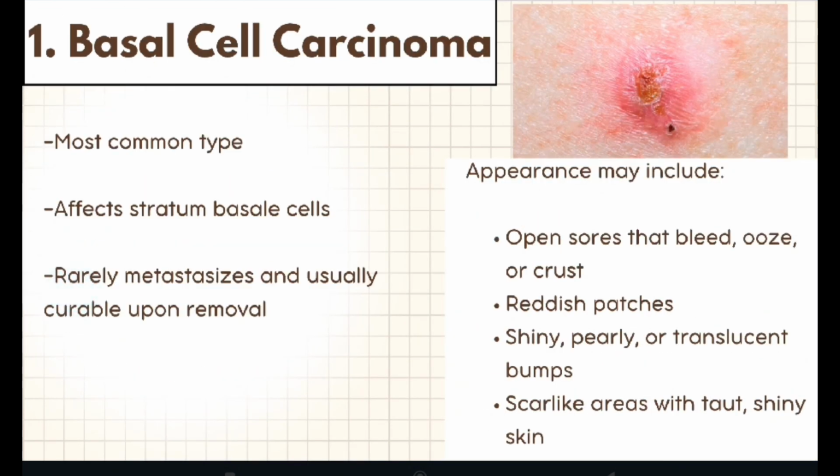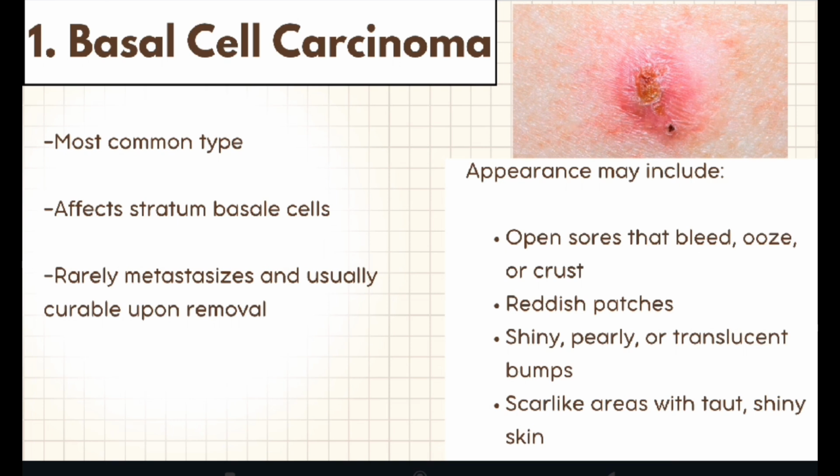But first, what is basal cell carcinoma? This is the most common type of skin cancer, and it affects the stratum basalis cells. This looks different depending on where it develops. On the face, ears, or neck, this appears as a small and smooth bump with a pearly or waxy feel, and it may also bleed on its own.